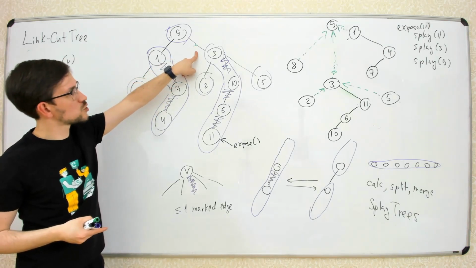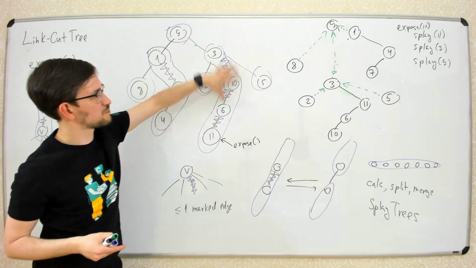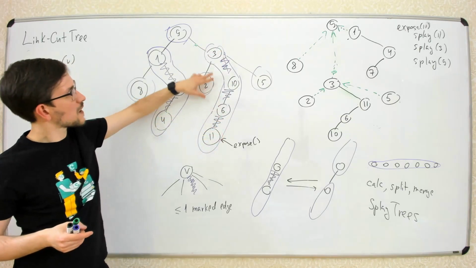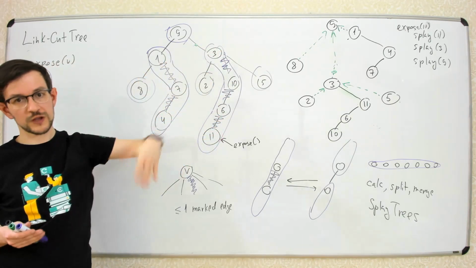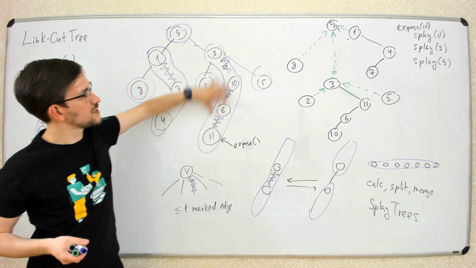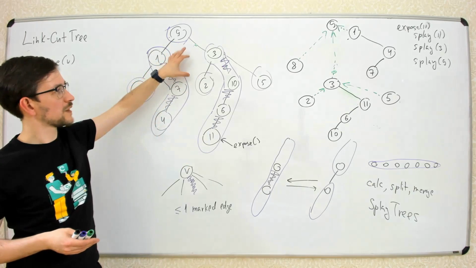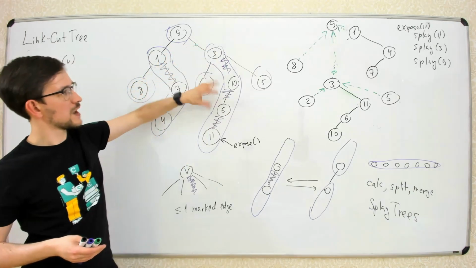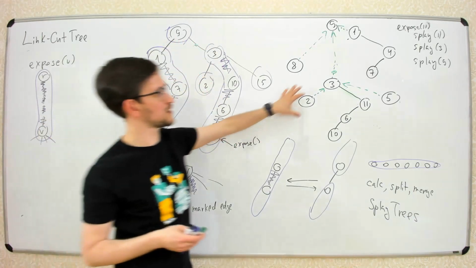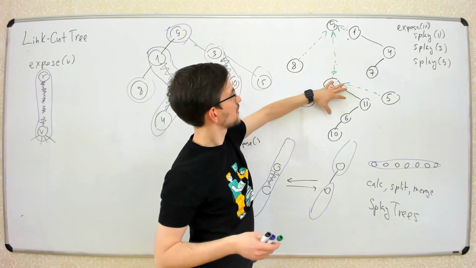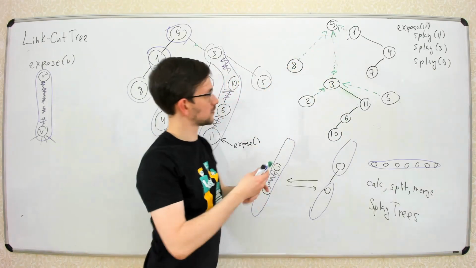To mark this edge, we simply need to take this splay tree and connect it to 9 as a right branch. Again, all these nodes must go after node 9. So we take this node 9 and connect this whole tree as a right branch of this 9.